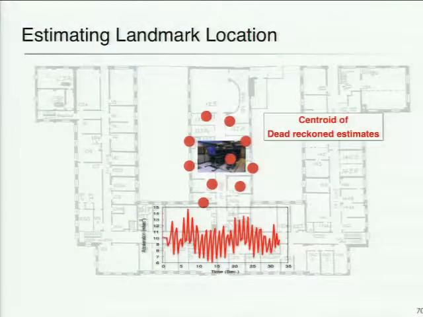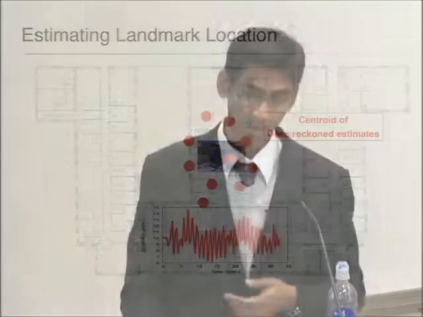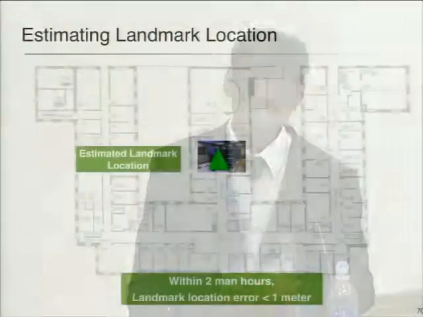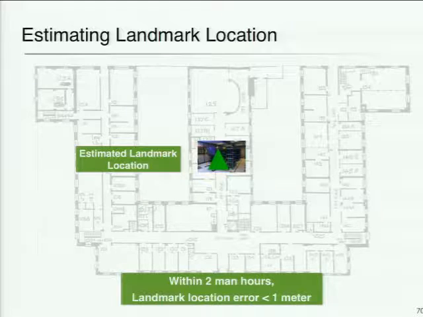And by the law of large numbers, the cloud can take the centroid of the dead reckoning estimates to find where the landmark is. So in our experiments, we find that within 2 man-hours, our landmark location error was within a meter. So if we can find these landmarks, it's possible to dead reckon and provide localization service indoors.